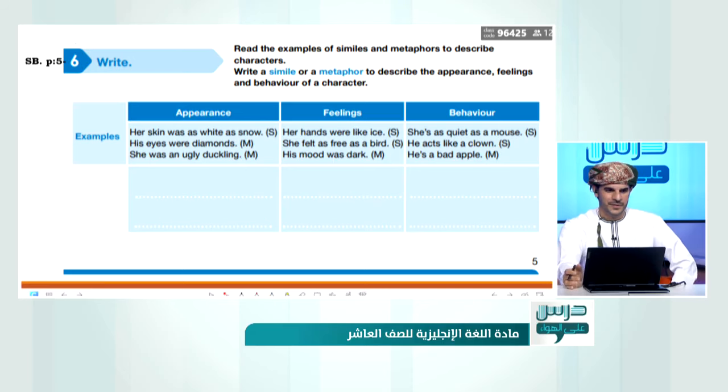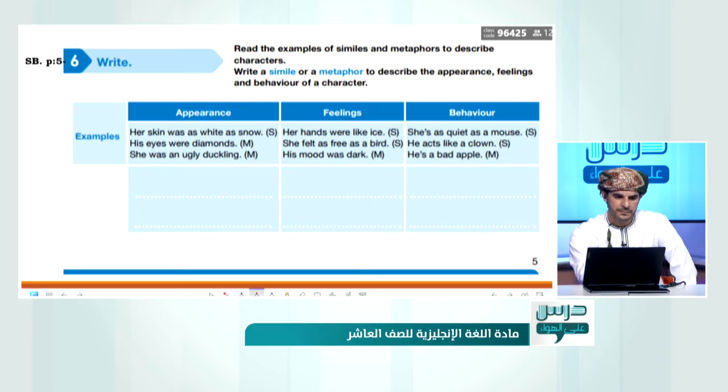Okay, let's go to, I believe, the last activity before the homework. Read the examples of similes. Here you have some similes and metaphors that describe characters. Write a simile or a metaphor to describe the appearance, feelings, and behavior of a character.